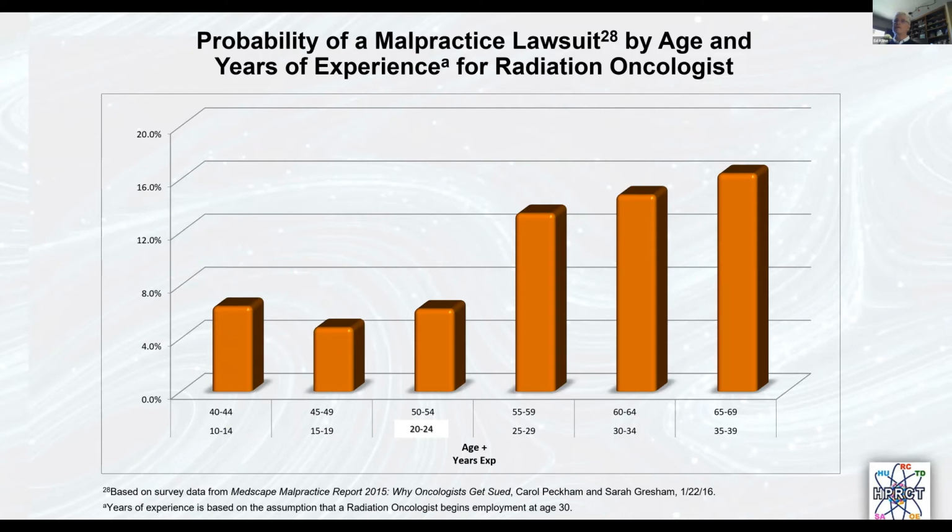If you get to the age of, let's say, 65 to 69, and you have 35 to 39 years of experience, you can see the probability of a malpractice suit rises to about 15%. You can see how it dips and goes up, but this is real because this drives up healthcare costs, and this causes concerns amongst the physicians, and then that drives up defensive medicine, and on and on.